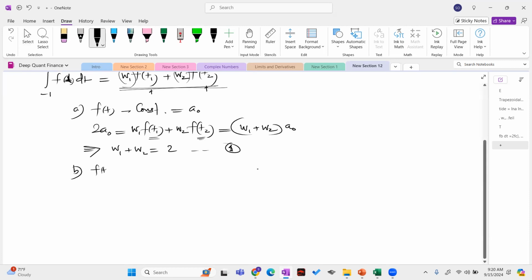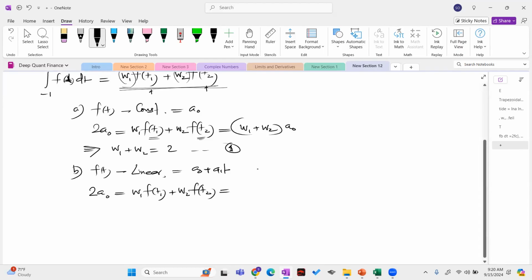Next, if f(t) is linear, then it must be of this form, a0 plus a1t. And we know the left-hand side integral is still 2a0, correct? Because the odd term will vanish. And that is equal to w1 f(t1) plus w2 f(t2).